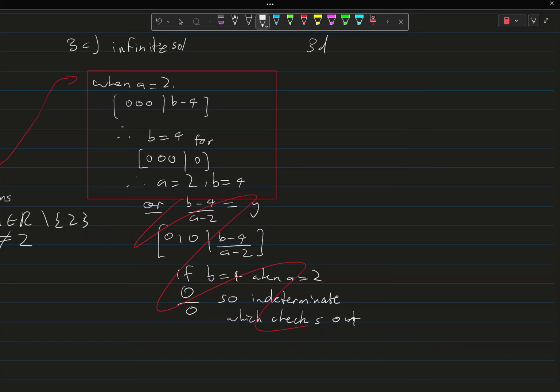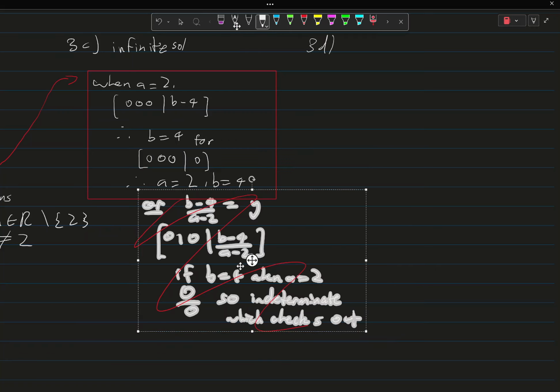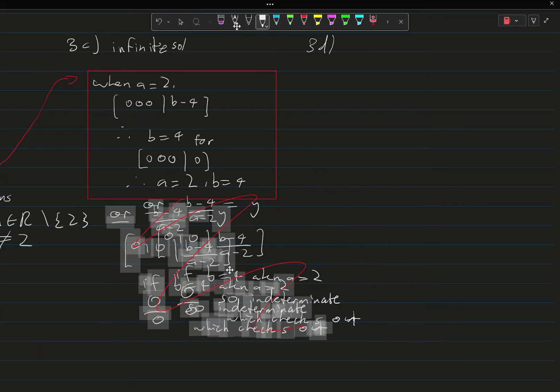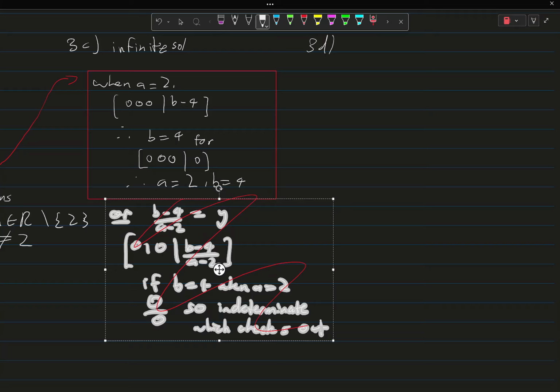So now we have part D. With that matrix given, oh okay, I see.